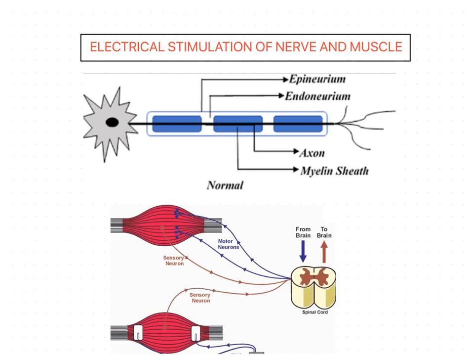Normally, the muscles are connected by the nerve, that is the spinal nerve, and the spinal nerve carries sensory information through the sensory nerve. It reaches the spinal cord and then the brain.